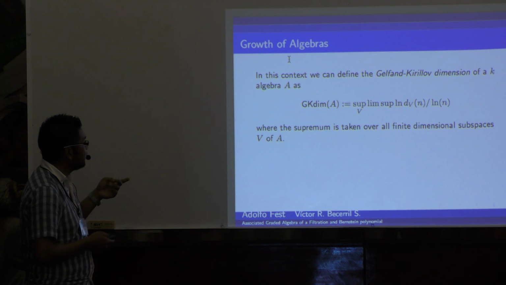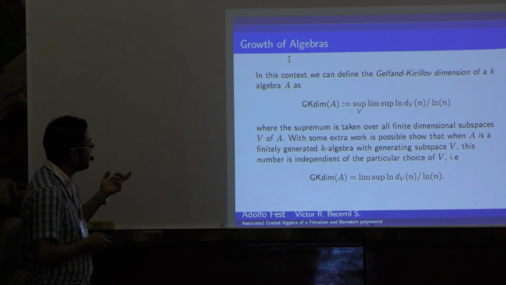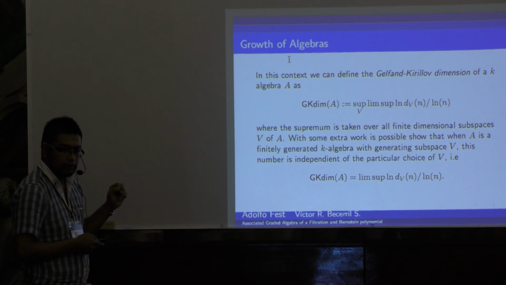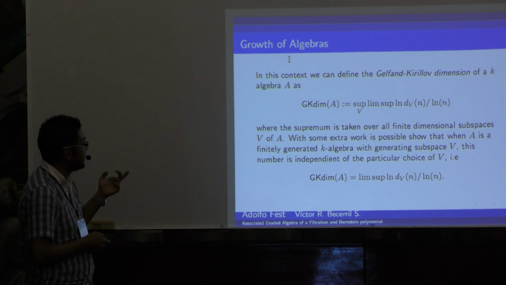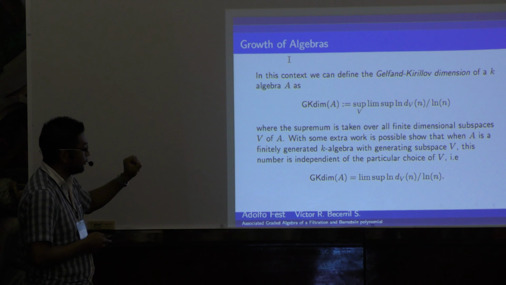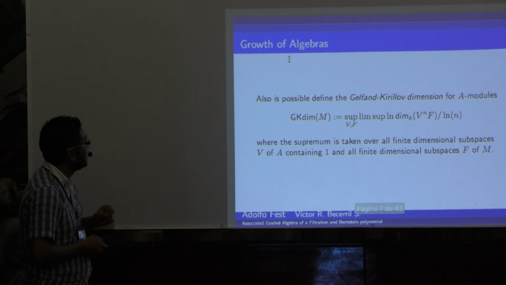It is somewhat difficult because we take the supremum over all the subspaces, but it is possible to pick only one. The number doesn't depend on the particular choice of this space, and it is well defined.